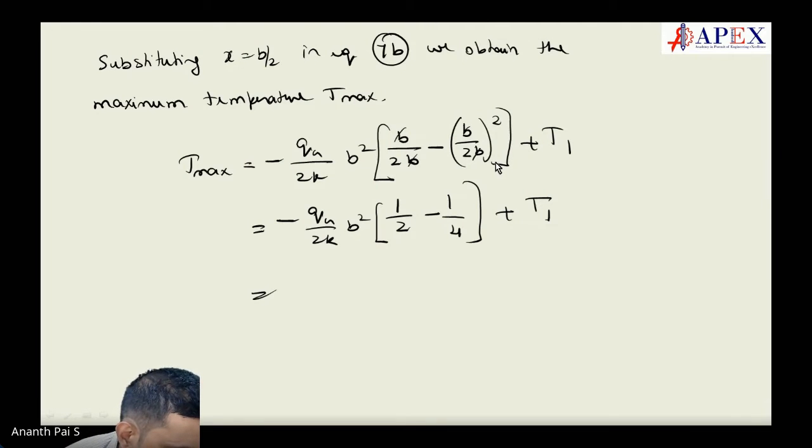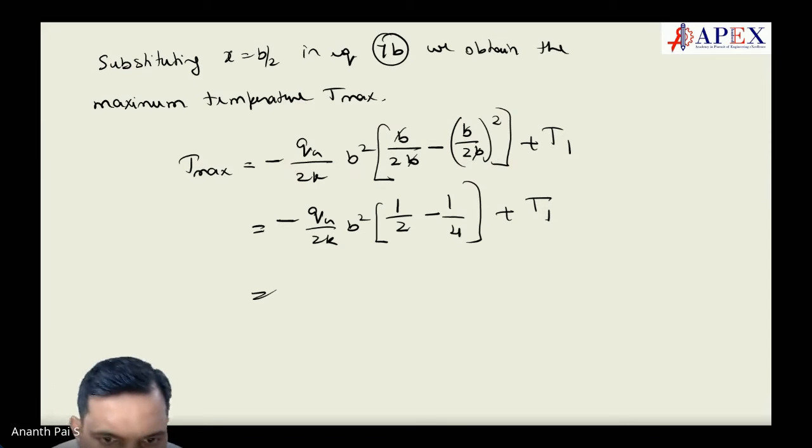So there is some mistake. Which is higher, dear? 1 by 2 is here. There is a minus here. Okay. So minus is there, fine. I can do one thing, can we take the other way around? 1 by 2 minus 1 by 4.